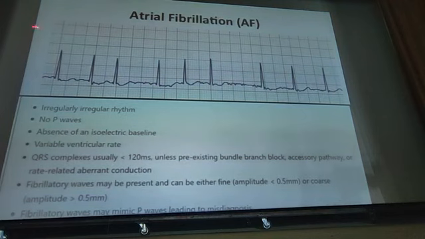In AF there is very marked irregularity, there is no isoelectric baseline, no actual baseline. There is no P wave, there are fibrillating waves.